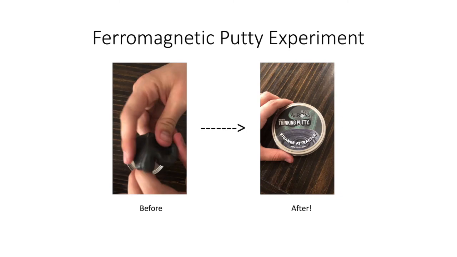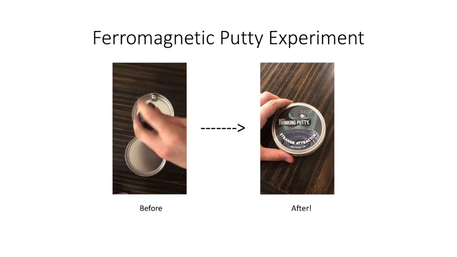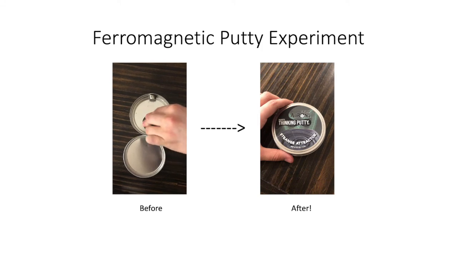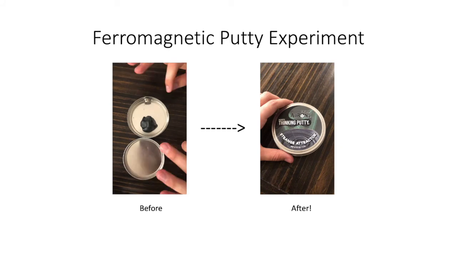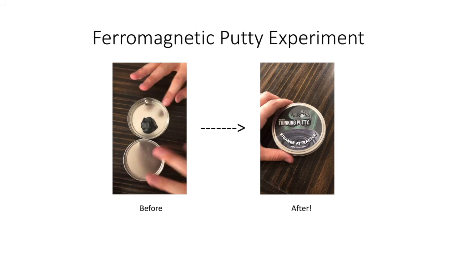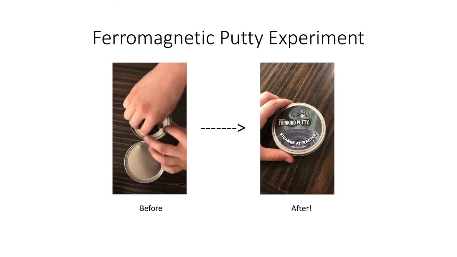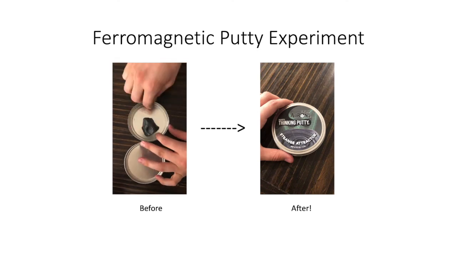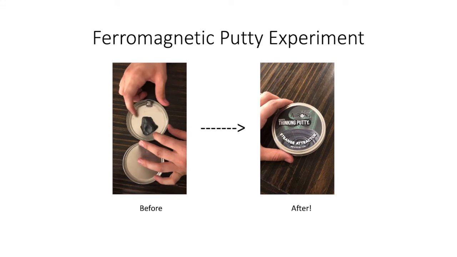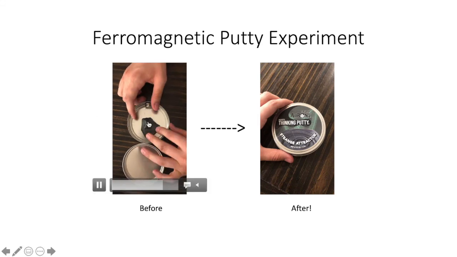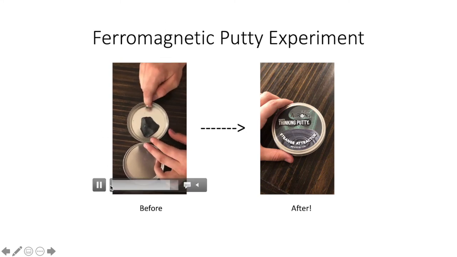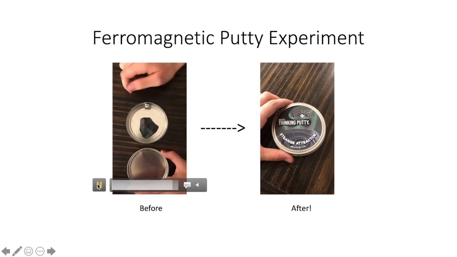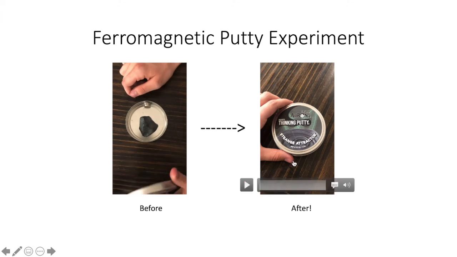I put a neodymium magnet inside, and we're going to watch as the randomly oriented poles within the ferromagnetic putty align with the neodymium magnet. I apologize for the lag here. I'm not sure why that does that sometimes. But this is the before video, so you're going to see a little bit of movement, but not much. And afterwards, you're going to see a time lapse of about 20 minutes or so, and you're going to see the change. So let's go to this video.